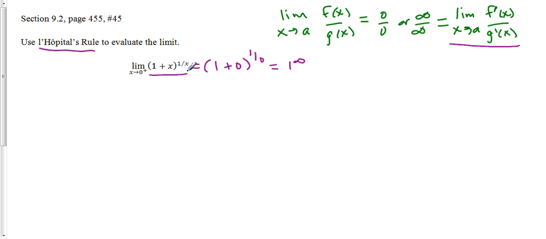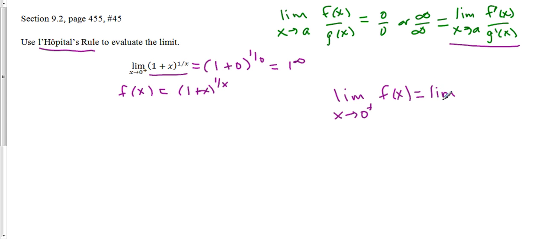Remember that when we do that, like we've done in the last two problems, f of x is (1 plus x) to the 1 over x, and our trick was to say that the limit as x goes to 0 from the positive side of f of x is the same thing as the limit as x goes to 0 from the positive side of e to the natural log of f of x. We can do that because e and natural log are inverse operators. They undo each other. So I haven't really changed anything, but I might make finding my limit easier.